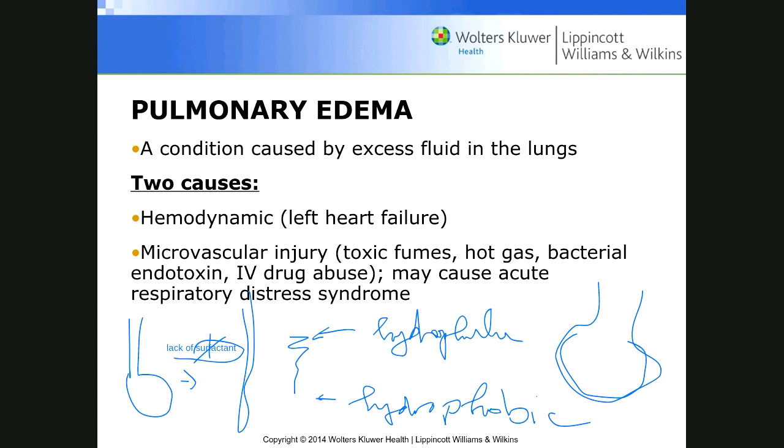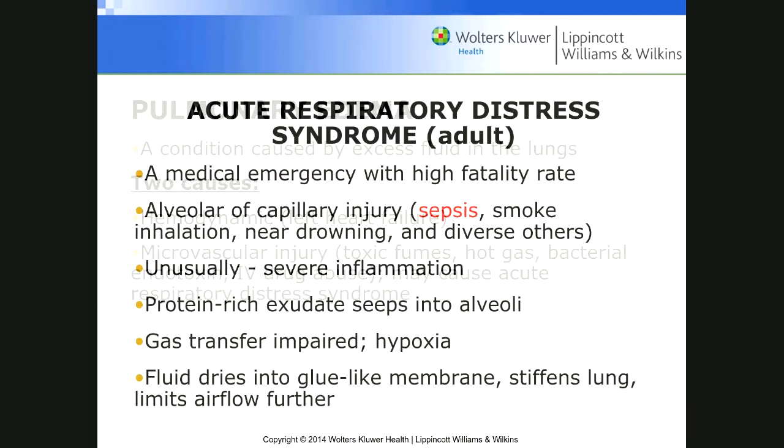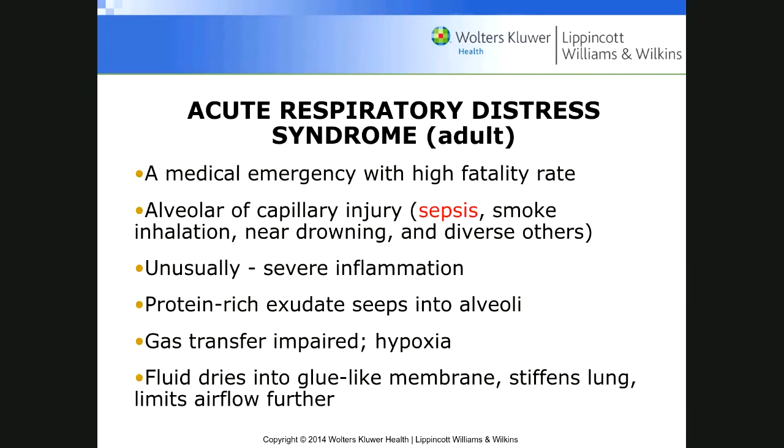Any questions so far? Are there 2 or 4 steps in microvascular? There are 2 ways that you can lead to pulmonary edema. Pulmonary edema is either left-side heart failure or microvascular injury.